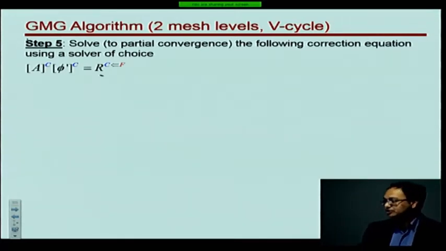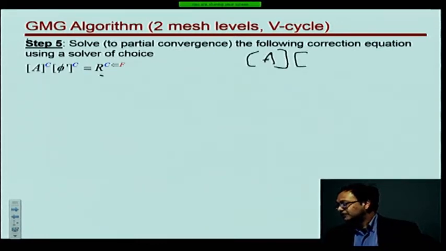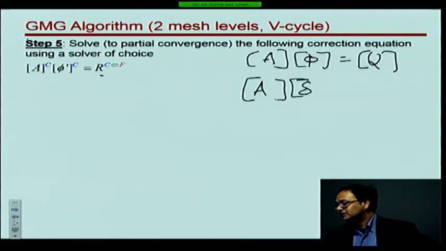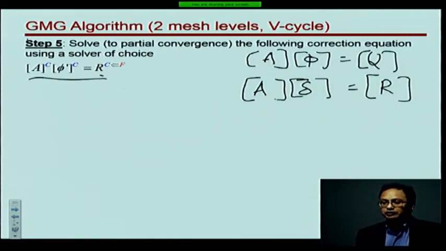In Stone's method, we did not solve for A phi equal to Q. Instead, we recast this in correction form and we solved A times delta, delta being the correction of phi, equal to R. So that's what we are doing here. We're solving the equation on the coarse mesh in correction form, not in its original form.